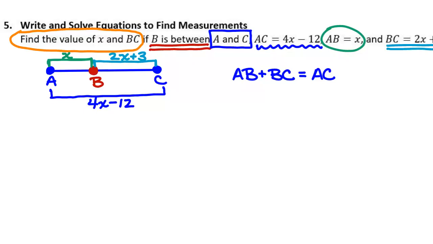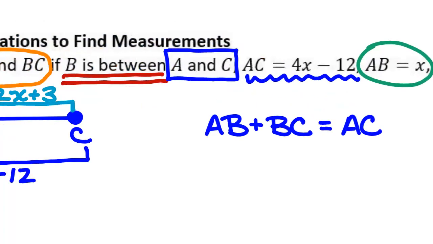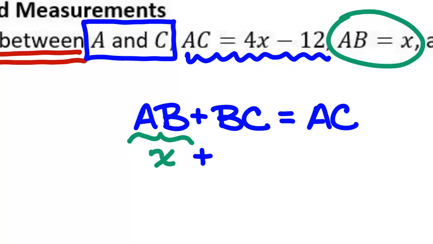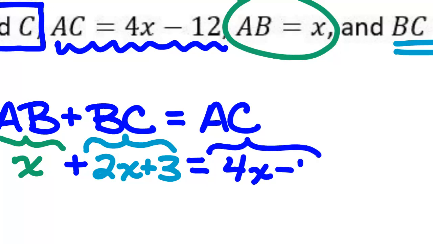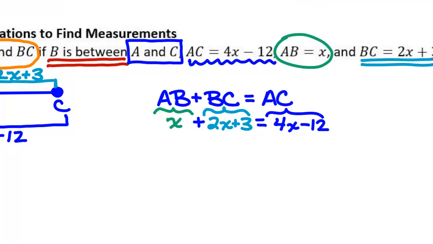What can I put in the place of AB? How big is that? X. What about BC? How big was that one? 2x plus 3. What should go in the place of AC? 4x minus 12.